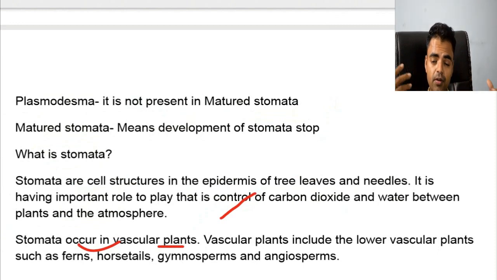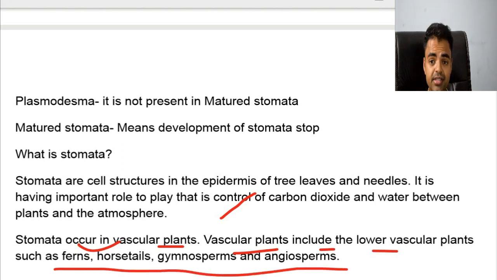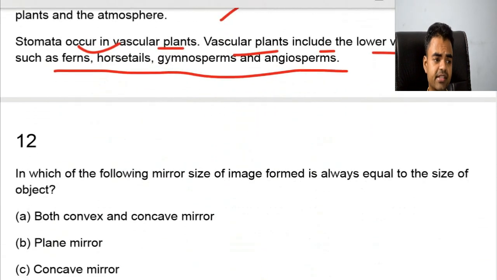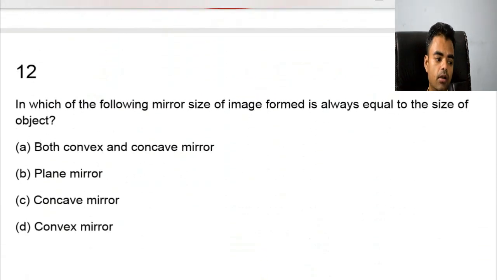So what type of plants are there? Vascular plants, where stomata occur. Vascular plants include lower vascular plants, such as this example you must remember, because examples play the most important role. You must remember the examples in order to mark the right answer, right?